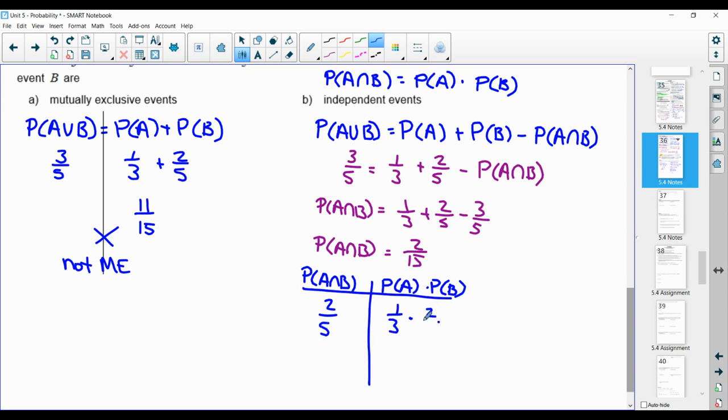The probability of B is 2/5. And if we multiply that out, that gives me 2/15. So this is independent. So it's independent, but not mutually exclusive. That means that when we're looking at our experiment, one outcome does not affect the other, but there is an overlap in the outcomes that we're going to get.